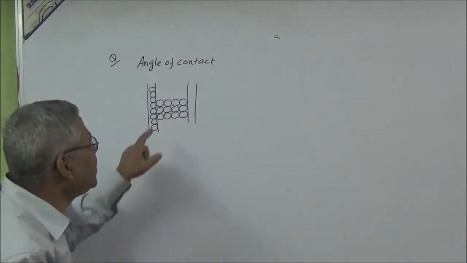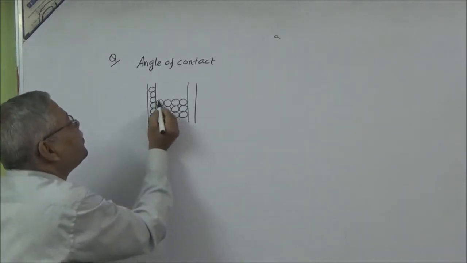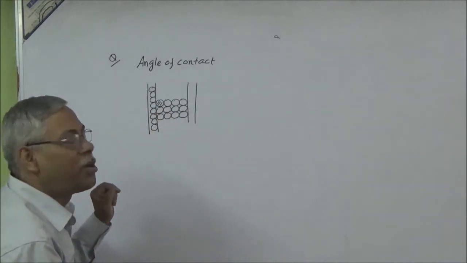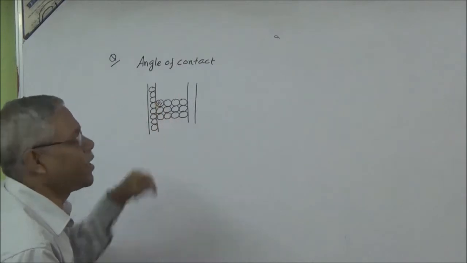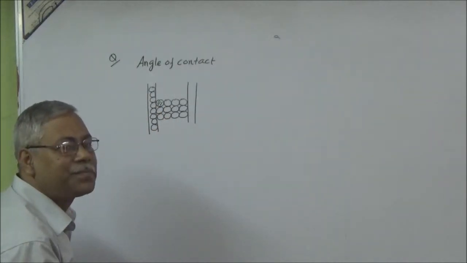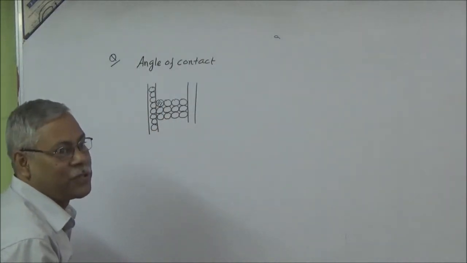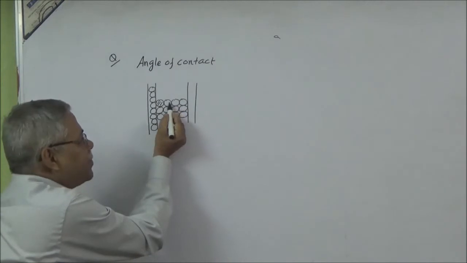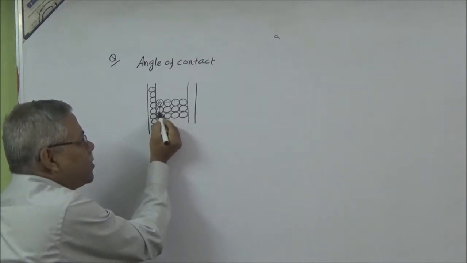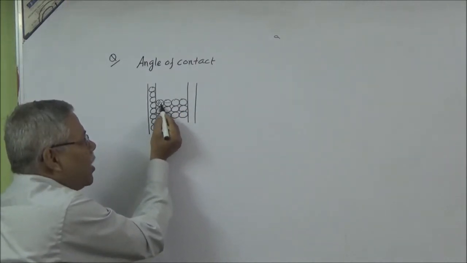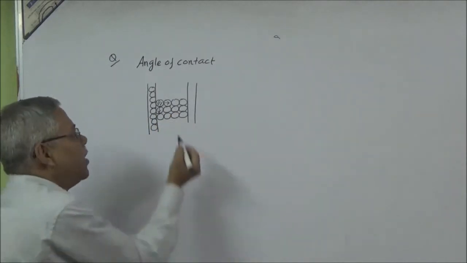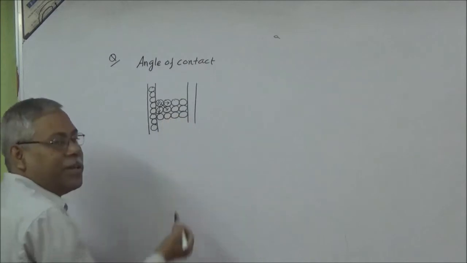Consider this molecule. What is the direction of net cohesive force acting on this molecule? Not downward, it is being attracted in this direction, and in this direction, and also in this direction.